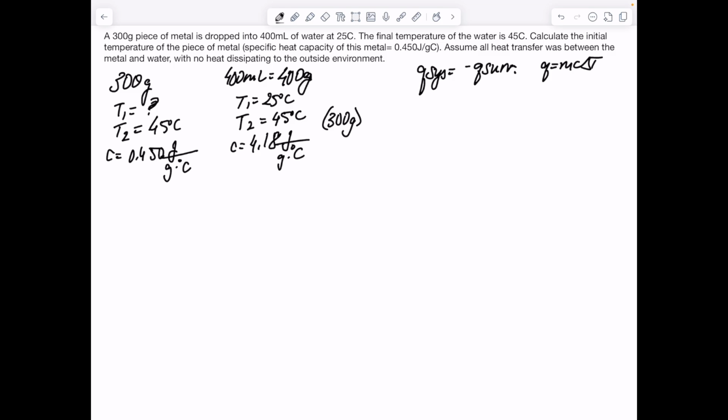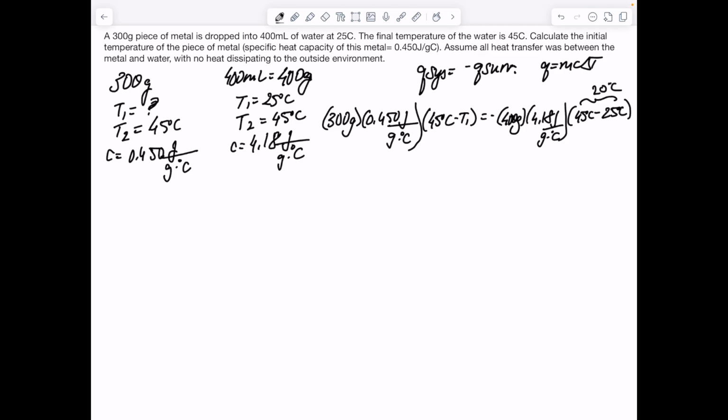So we're going to have 300 grams times 0.450 joules per gram Celsius times T2, 45 degrees minus T1, equals negative 400 grams times 4.18 joules per gram Celsius times 45 degrees minus 25 degrees, and that is 20 degrees Celsius.